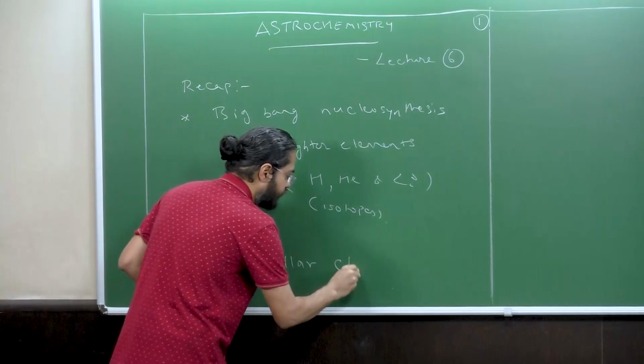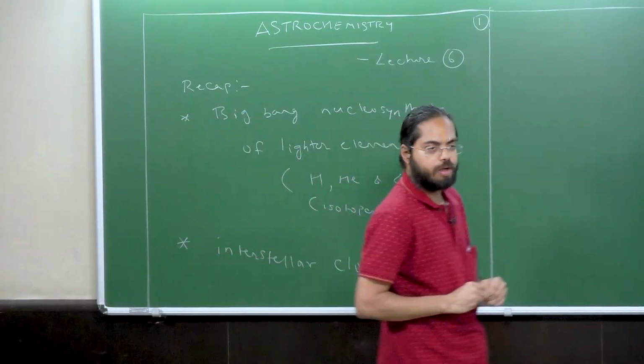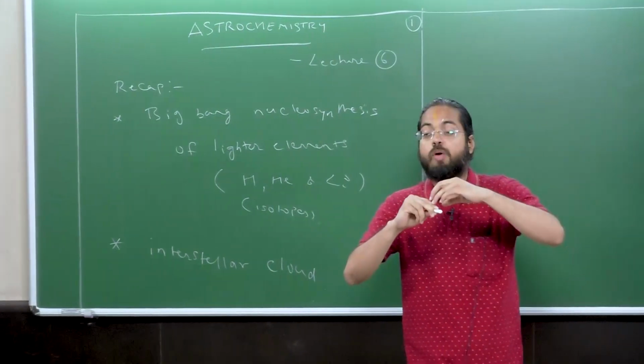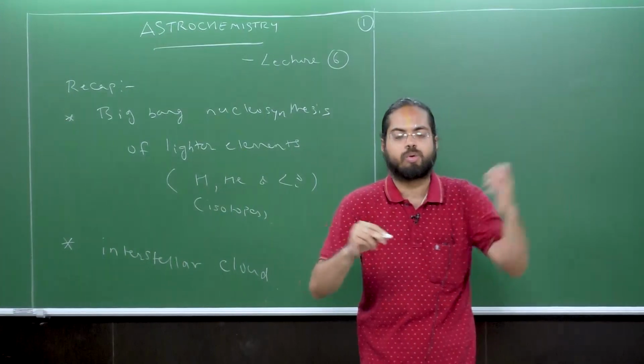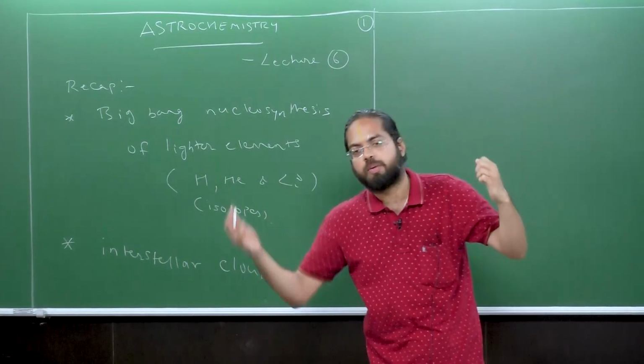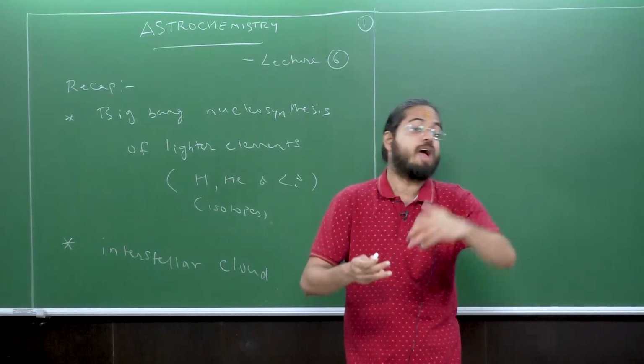What was an interstellar cloud, and how the interstellar cloud gave rise to the idea of the formation of a star itself. The interstellar cloud collapses under the influence of gravity competing with the kinetic energy of the various atoms and molecules, and a star is born.